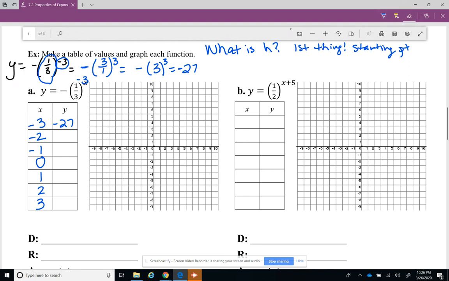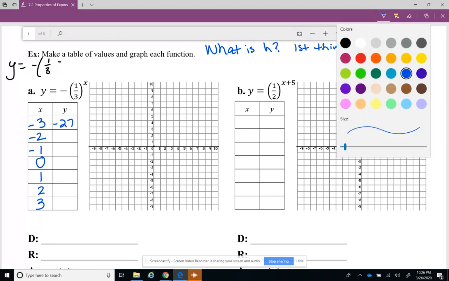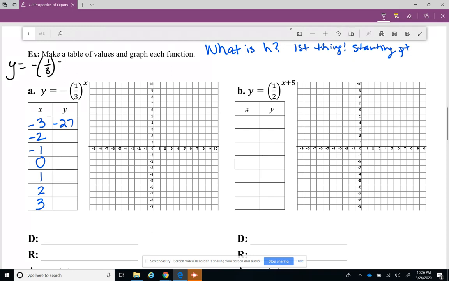Okay, -2. We're going to do the same thing with -2. I'm going to flip the 1/3. The negative is still on the outside, but I flip the 1/3 to 3/1 and change the -2 exponent to a +2. So there's a negative on the outside, and then 3 squared, which is 9.